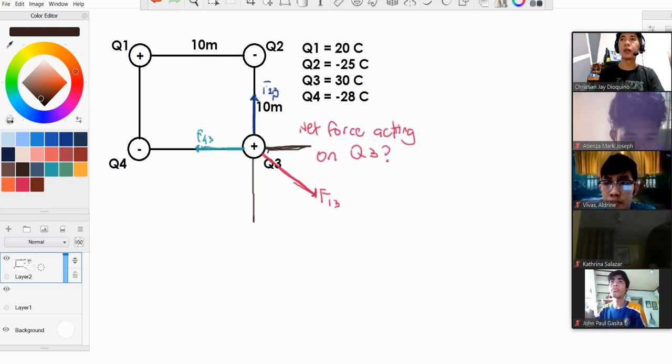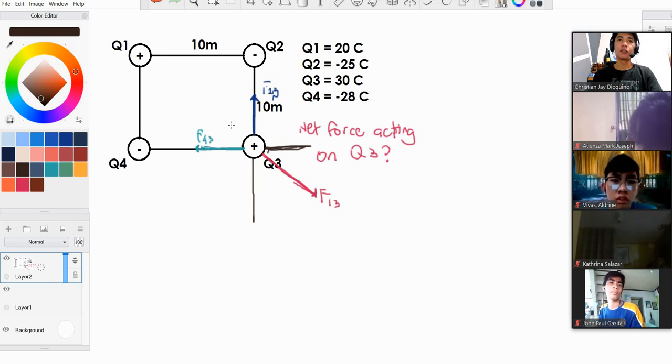One vector is plotted along the y-axis, another vector is plotted along the x-axis, and another vector which is 2-dimension. So we need to get the x and y component of this F13, then tsaka natin siya i-add dun sa dalawa nating vectors. Okay? So, pakisagutan muna ito, then continue ulit tayo.